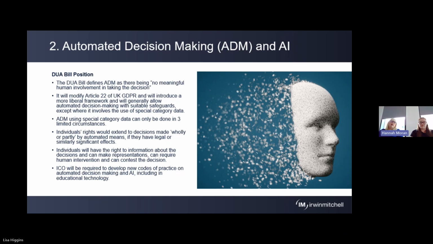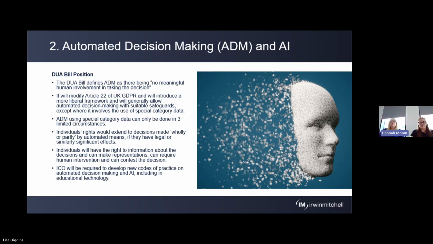The position now is that for ordinary personal data, those restrictions in terms of explicit consent, compliance with law, or necessary for entering into a contract don't apply. There are still safeguards, but those restrictions in terms of your inability to use automated decision making for ordinary personal data won't apply anymore. They will, however, still apply for special category data.